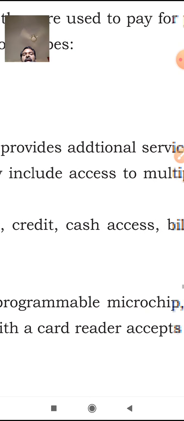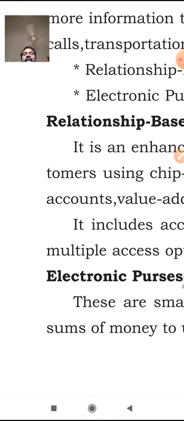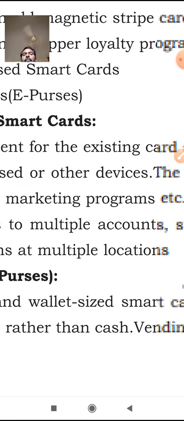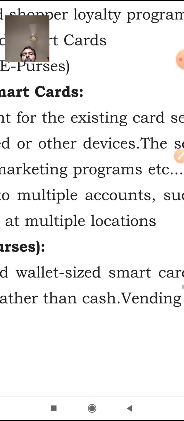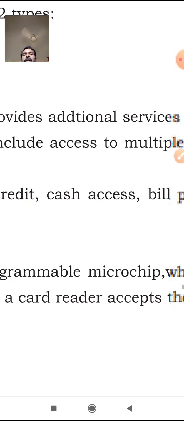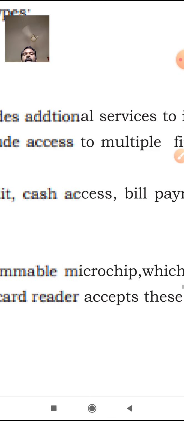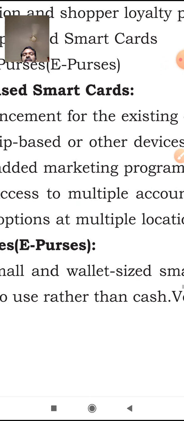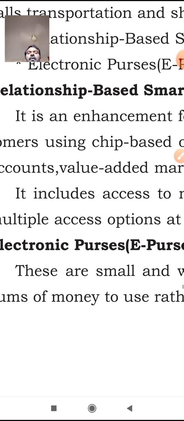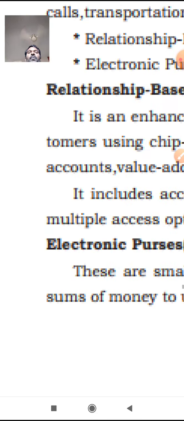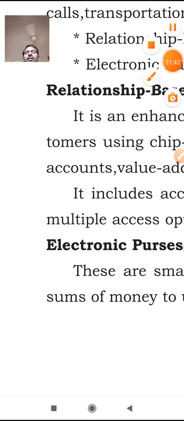The services may include access to multiple financial accounts and value added marketing programs. It includes access to multiple accounts such as debit, credit, cash access, bill payment, with multiple access options at multiple locations, local or global. These types of cards belong to relationship based smart cards.